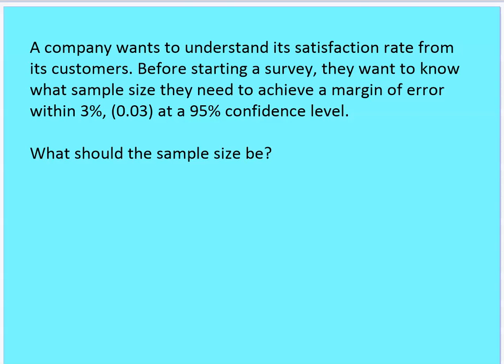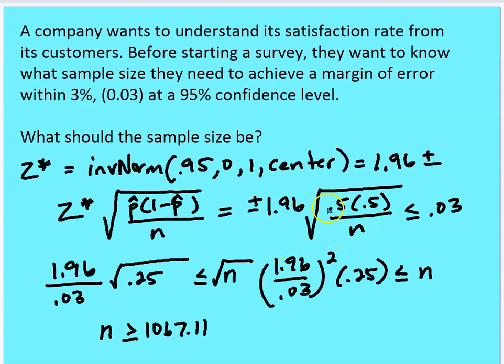All right, so we're going to have to use that 0.5 value that we discussed. I want a 95% confidence interval, so we're going to use an inverse normal value to get a z-score of plus or minus 1.96.